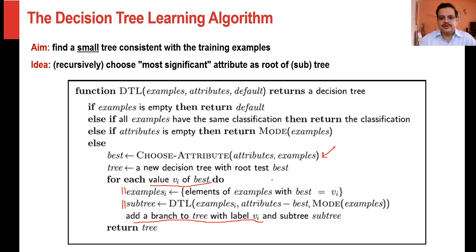So for the ith branch, I look at only those examples where the value of the attribute is vi. Then the tree gets split up accordingly, and recursively we apply the same algorithm, and we keep on doing that until we reach the leaf nodes.